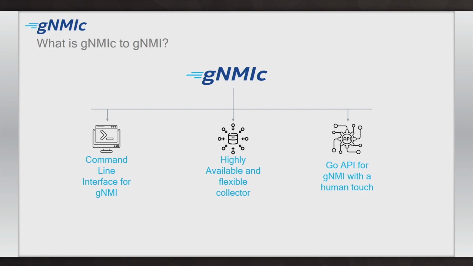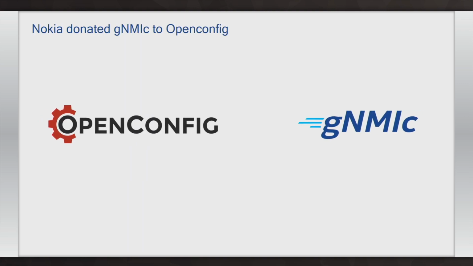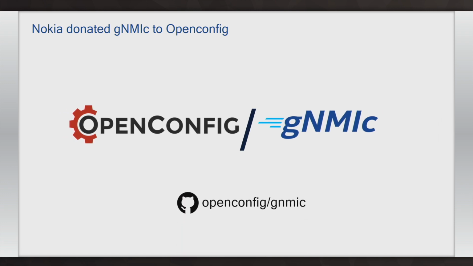That's a wrapper around the Go library that's generated from the protocol buffer. It's just easier to use. I'll have a couple of slides towards the end showing how it can be used. And around 4 or 5 months ago, gNMIc was donated by Nokia to OpenConfig, so it kind of became the de facto client for gNMI.